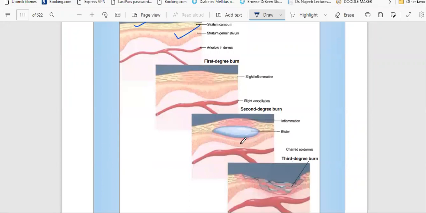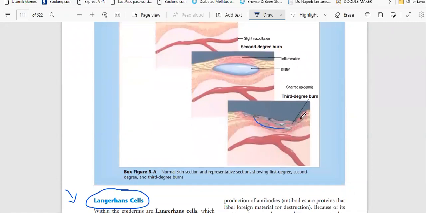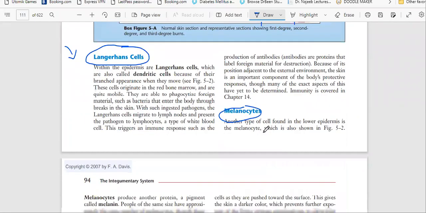In the second degree, we have blisters. Why? Because arteries and veins are also affected. They leak plasma, and we have blisters. In the third degree, the germinativum, epidermis, everything is damaged here, and the arteries and veins easily release this plasma into the outside environment.